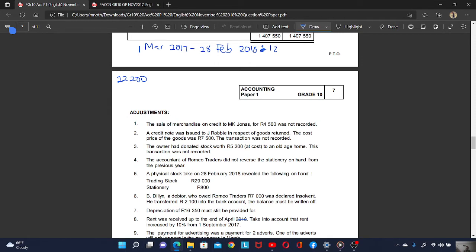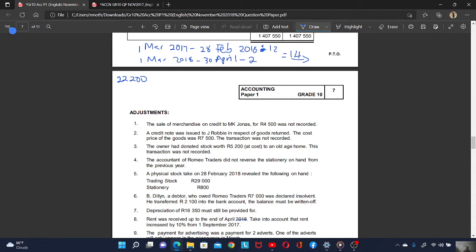So this means that we received the rent from 1 March 2018 till the end of April. How many months? March and April is 2 months. This means that we have the rent for 14 months. This means that this 22,200 is for 14 months.